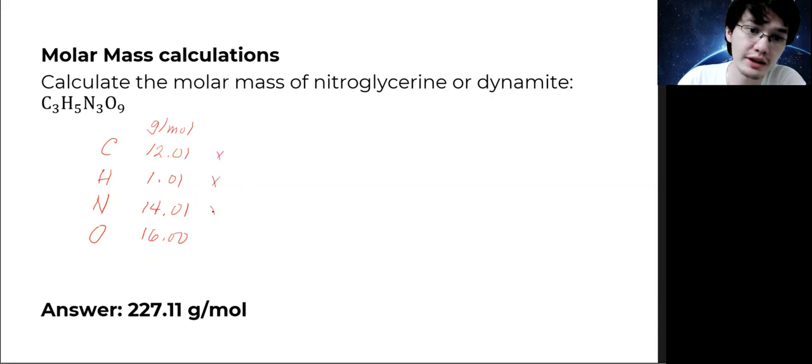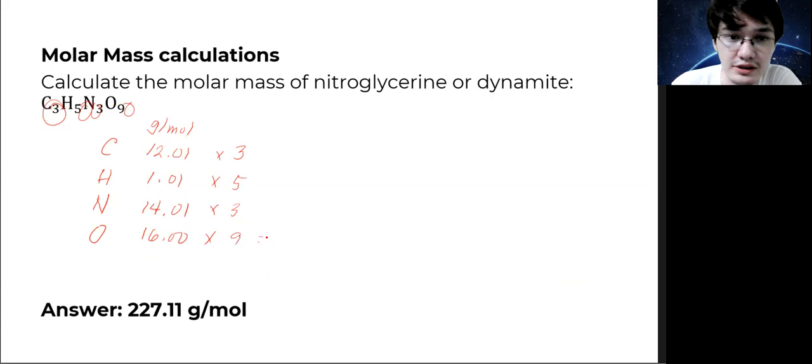So we multiply them by the subscripts. So since nitroglycerine has 3 carbon atoms, we multiply it by 3. And the other follows.